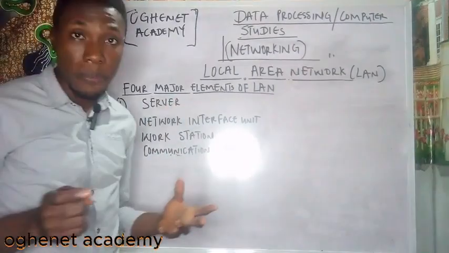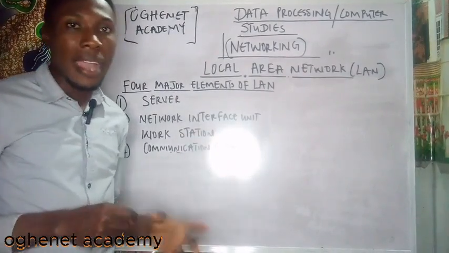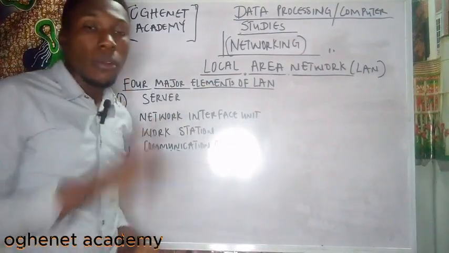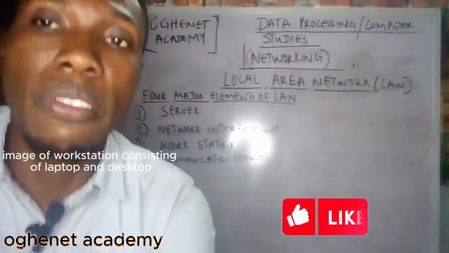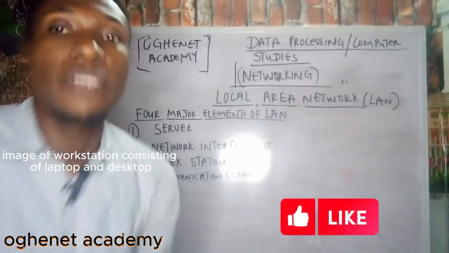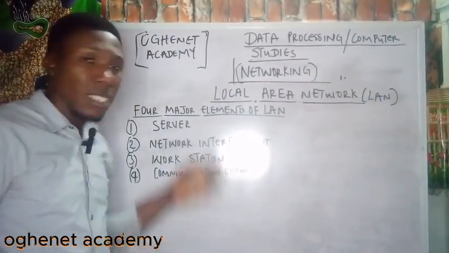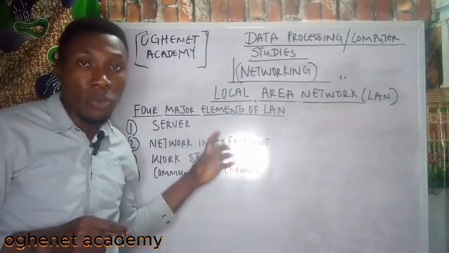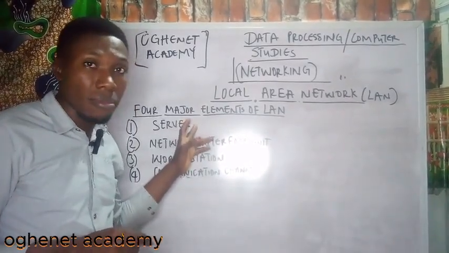Now remember, in a network, the data and the information. Wait a minute, let me adjust my camera so that you can see clearly. All right. So now, remember when I talked about the fact that your data is stored in the server, okay?